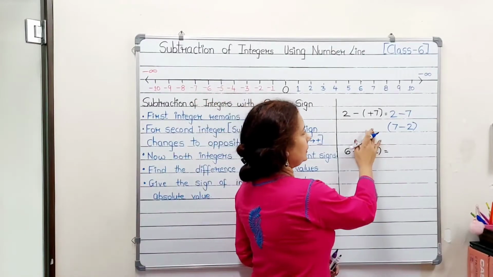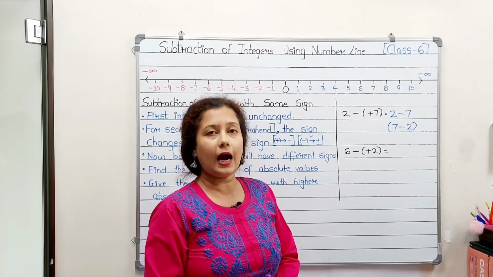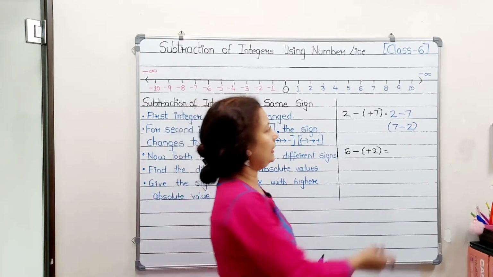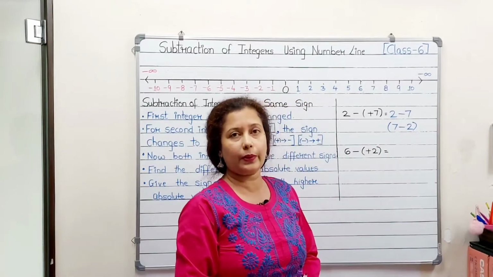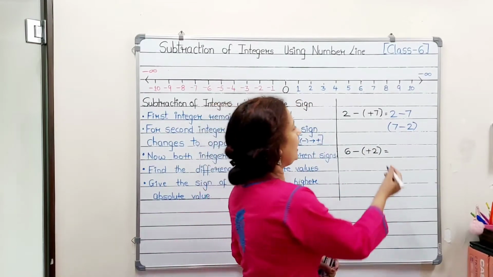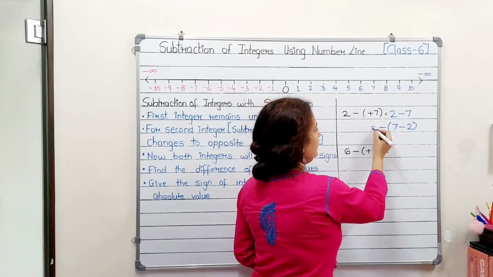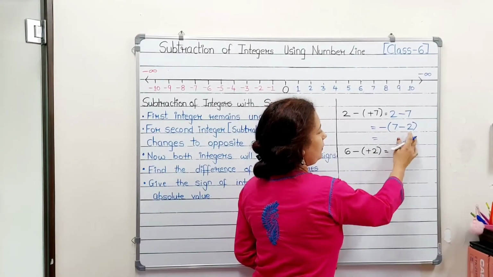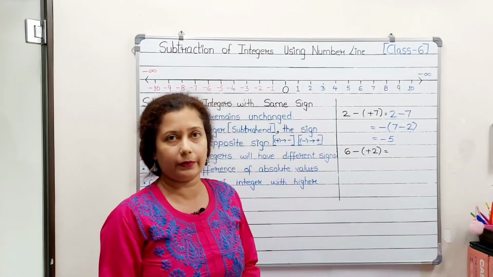For the answer, we give the sign of an integer with higher absolute value. In this case, minus 7 is having a higher absolute value of 7. So the answer will have a minus sign. So here the final answer will be 7 minus 2 is 5 and it is minus sign is given.